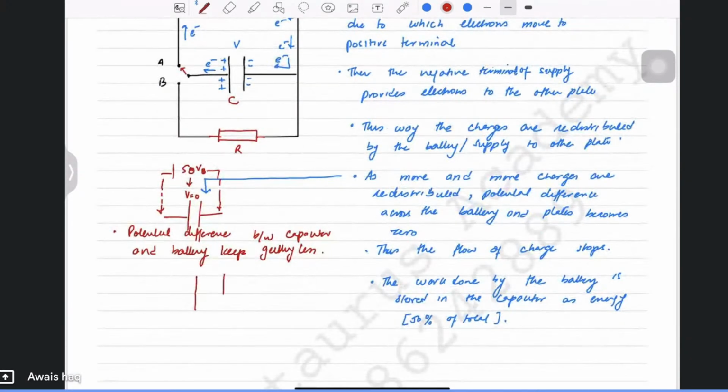Now when it keeps getting less, why is that? Because if 4 have left, now electrons are coming on this side, 1 2 3 4.